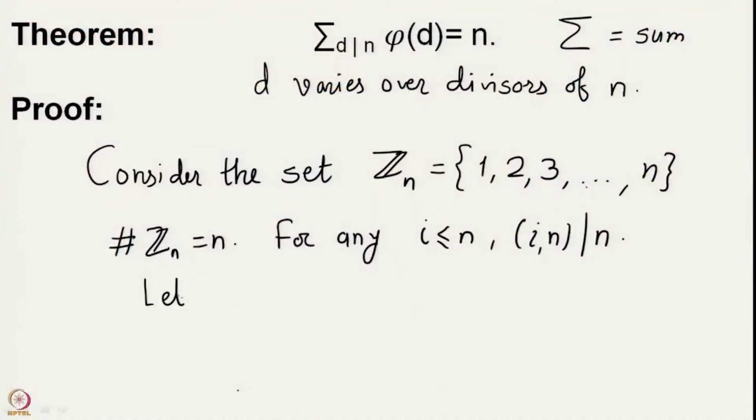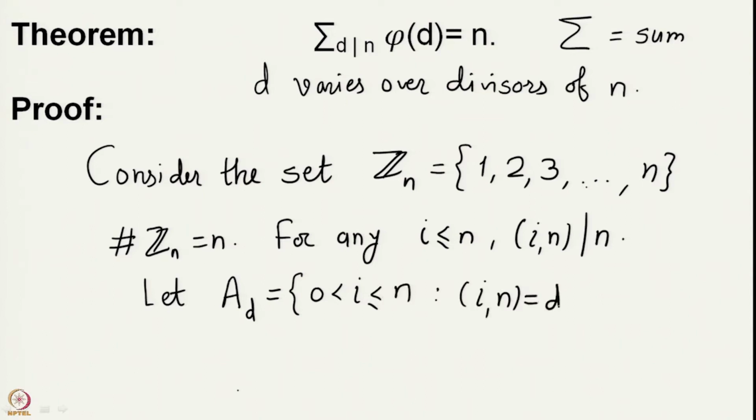Therefore, suppose AD denote the set of all the natural numbers up to n with the property that the GCD of i and n be equal to D.